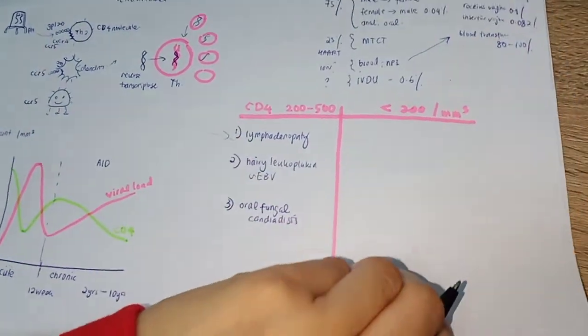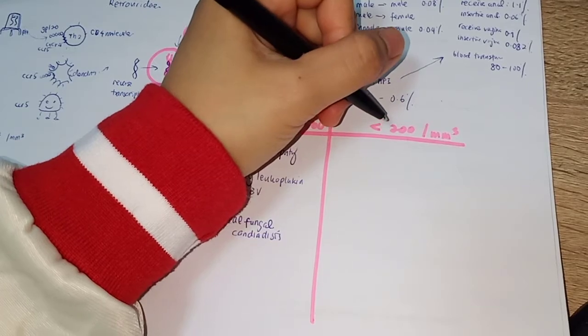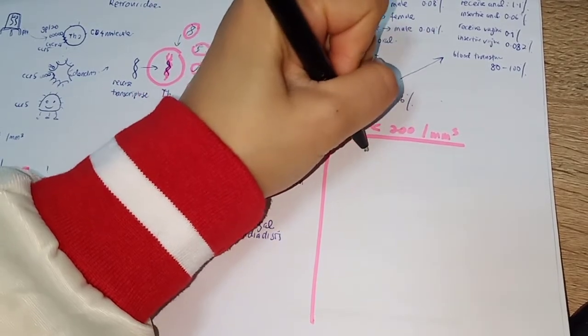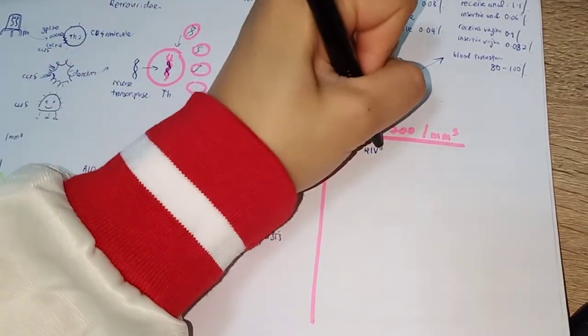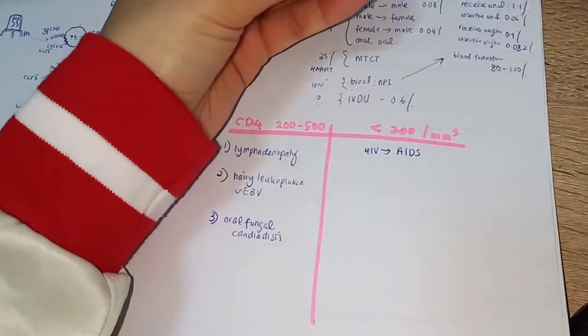In severe cases, if the count is less than 200, the patient will progress from HIV to developing AIDS.